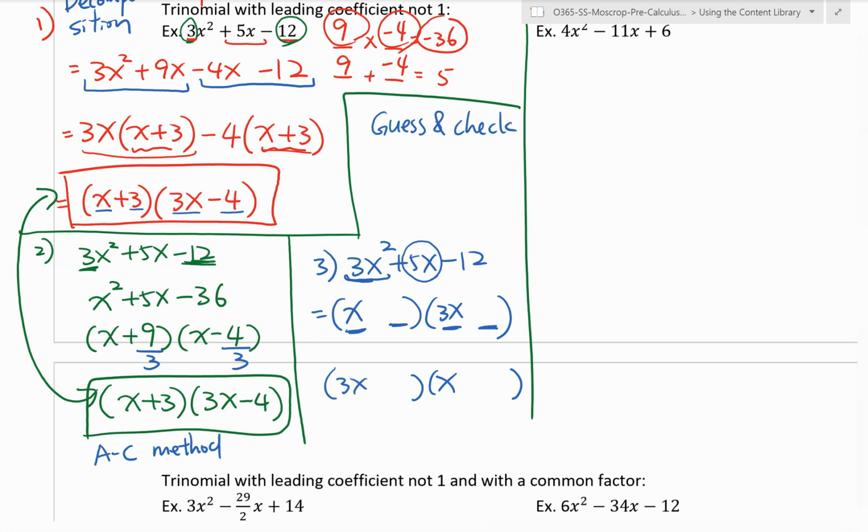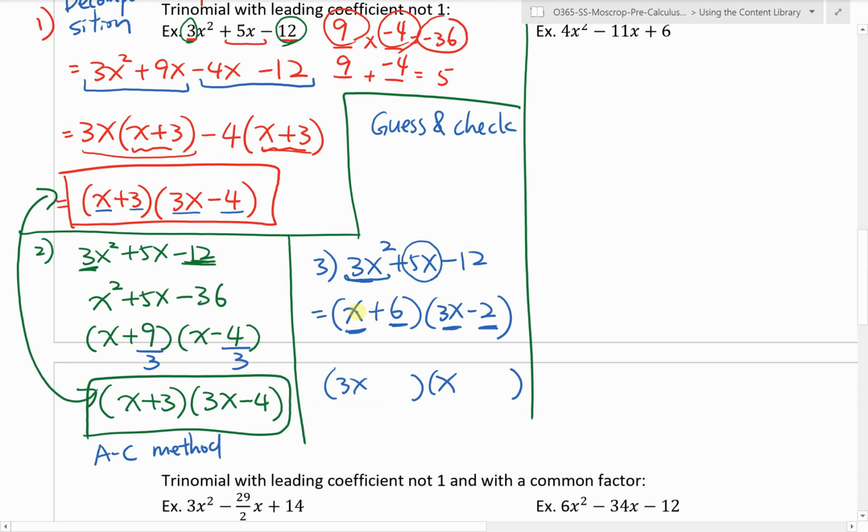So I'm just going to do something random. I'm going to say 6 and negative 2. So I'm going to say x plus 6 and then 3x minus 2, because I know that 6 times negative 2 is negative 12. So that does work. However, do they actually add to 5x if we expand it? Well, if we expand this, we go x times 3x, that's 3x squared, that's good.